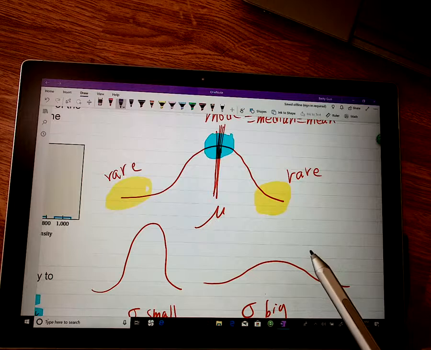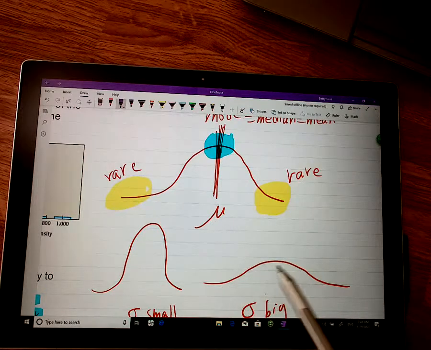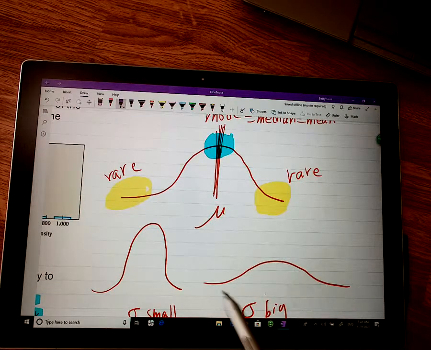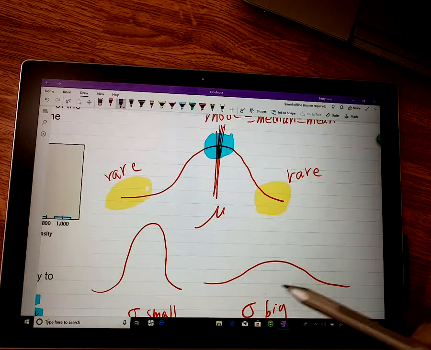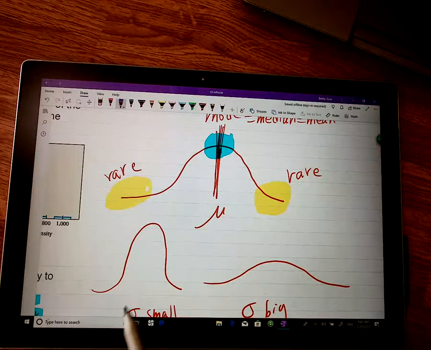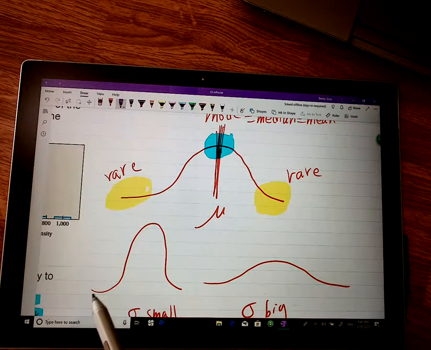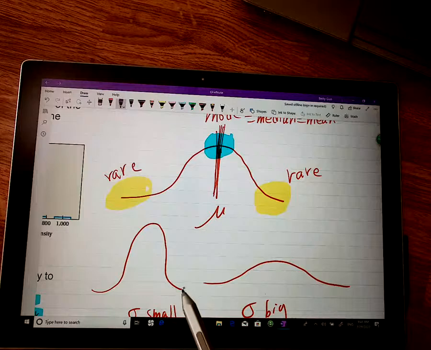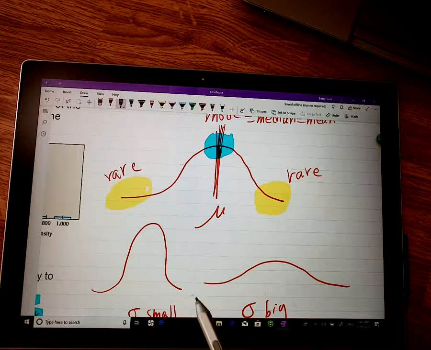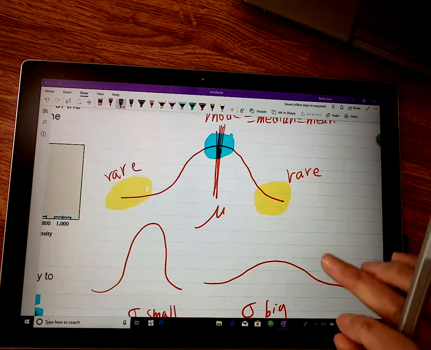If the variation of a normal distribution is big, then you would see the bell shape like this, very flat and low. If the standard deviation, the variation, is smaller, then you would see a relatively thinner bell-shaped curve. Does that make sense?